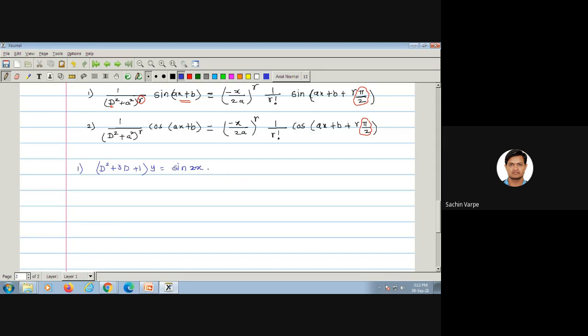But if it is sine of 2x into cos 3x, then we cannot use it directly. Or if we have sine square 2x, then also we cannot use it directly.